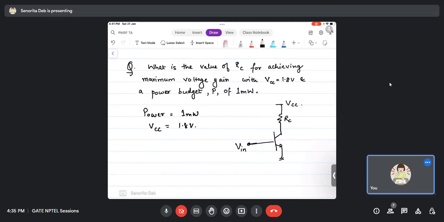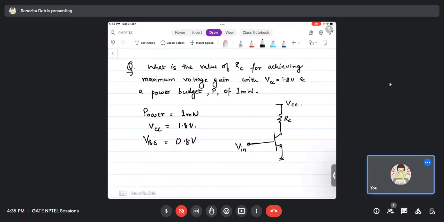So take VBE to be 0.8 volts. When will you get a maximum voltage gain? Take the condition of the transistor being at the edge of saturation.